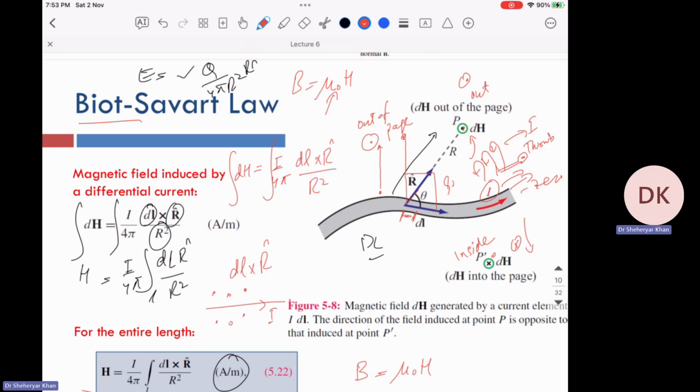Actually, this wire, maybe I have a better illustration. So you can see this construction.